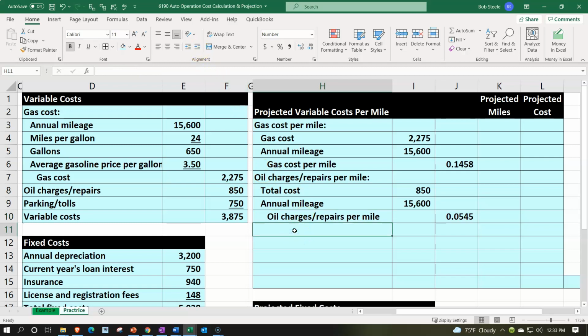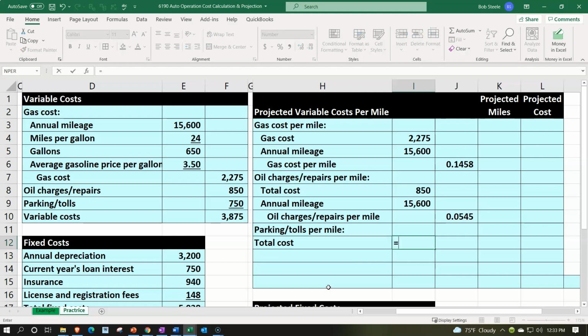And then we'll do the same thing for parking and tolls per mile, which is the most dubious of the ones as to whether you can break them down into a mileage kind of component, but we'll give it a shot. So the total cost of the parking was 750, and the annual miles is equal to the 15.6.